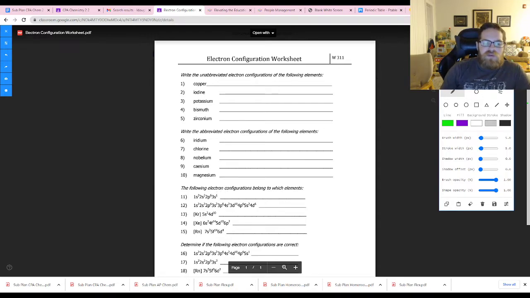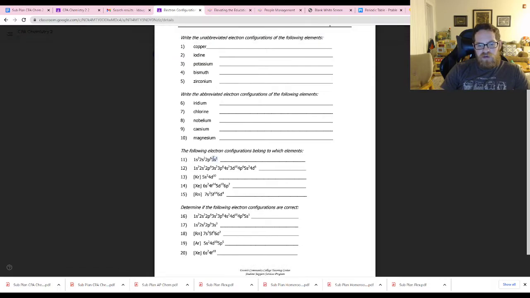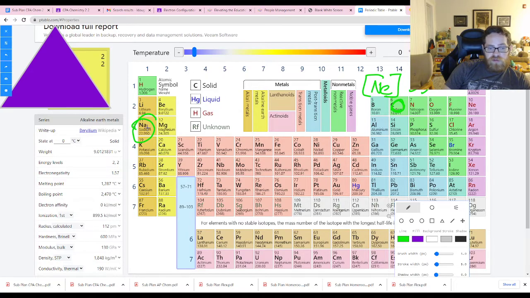In this case, if you need to identify an element from a configuration, look at the very last one, 3s1. We want to go to our periodic table, look for the third row, the S area, 1 electron, which is actually, we already have pulled up, sodium. Third row, S area, first one, 1 electron.